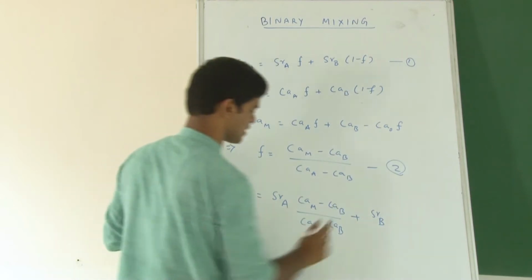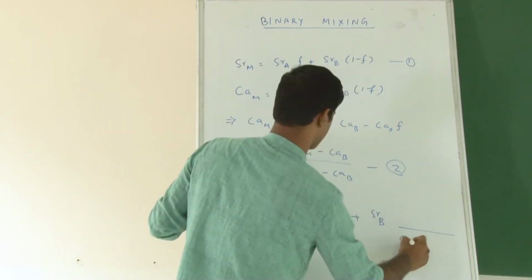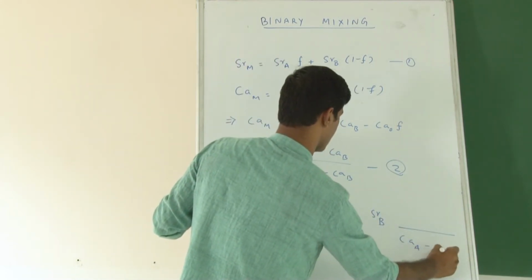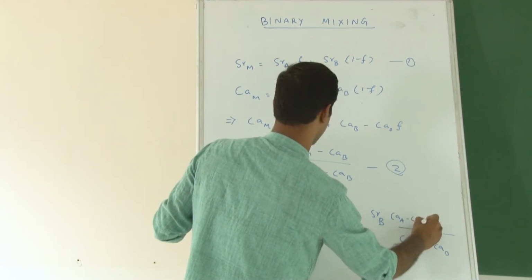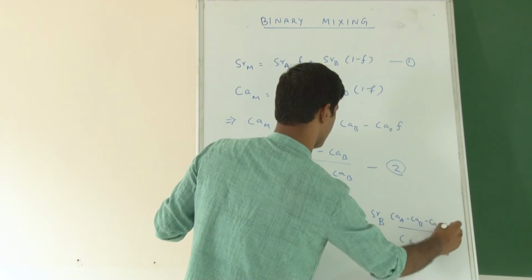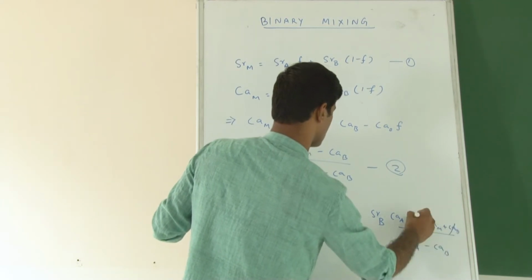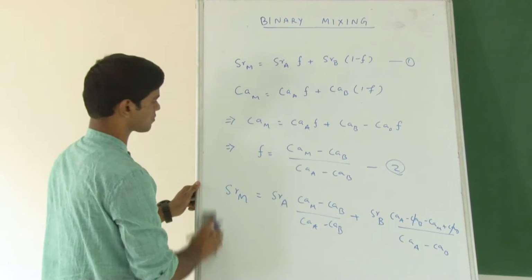So, I will write this 1 minus F, which will be calcium A minus calcium B, minus calcium M plus calcium B. So, these two cancel out.